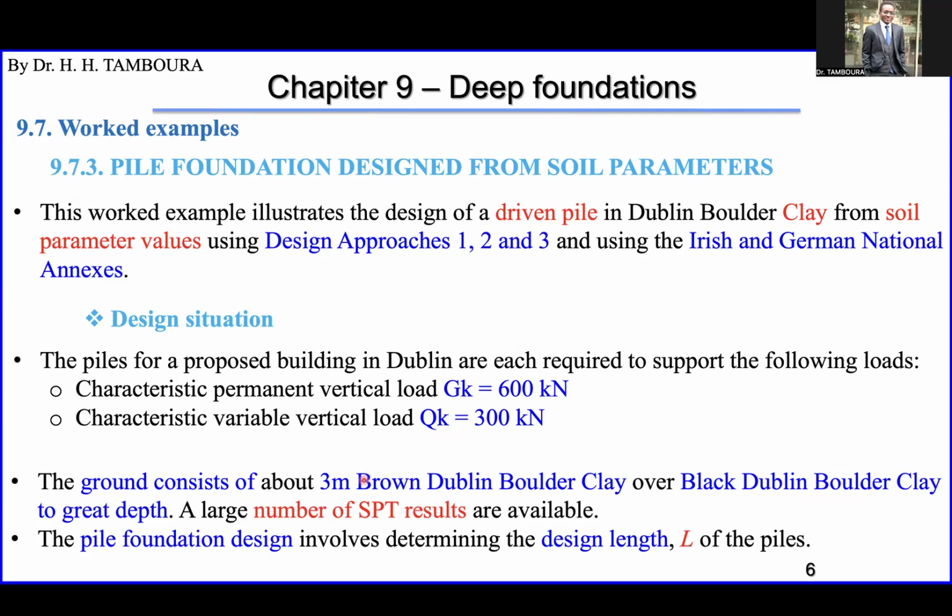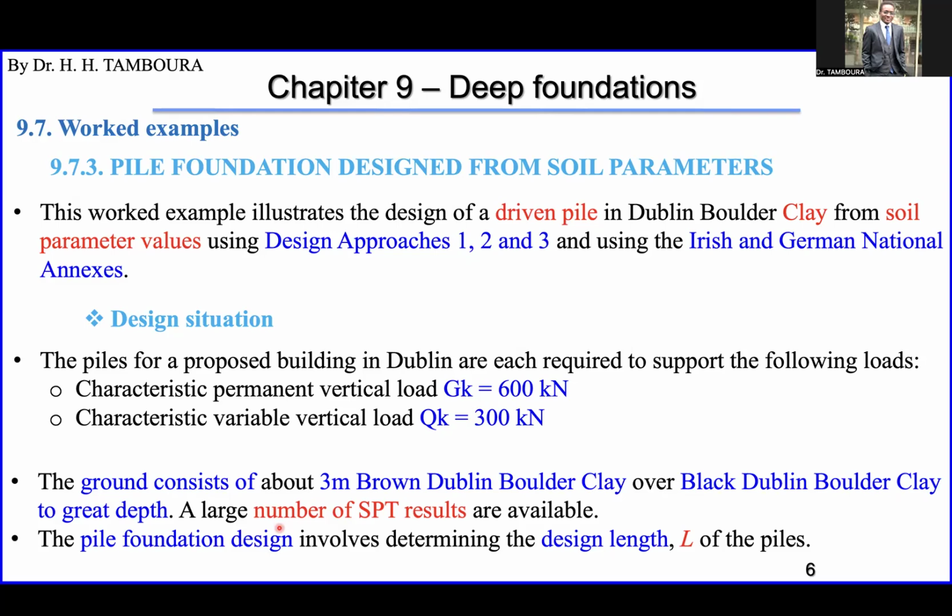So we will say brown and black clay. The brown clay is 3 meters, and the black one extends to a very great depth. We also have a large number of SPT results.